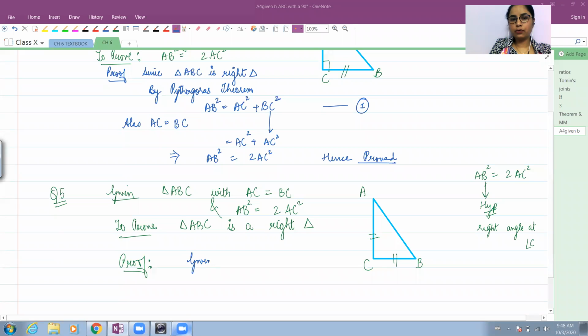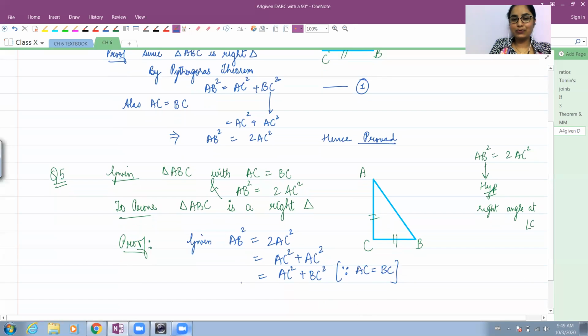So I'm going to start from the given result. AB square equals to 2 times AC square. And I'm going to expand the right hand side. And then I'm going to replace one of these two by BC. So it's exactly the reverse order of the steps of question number 4.